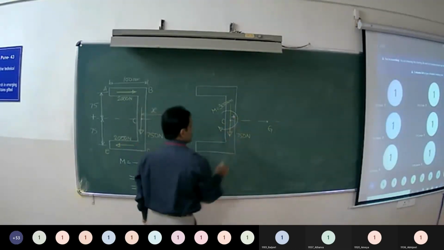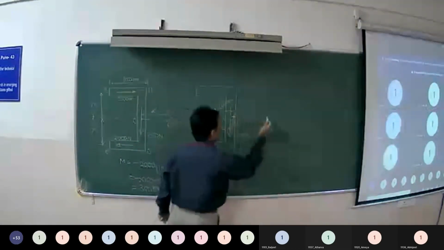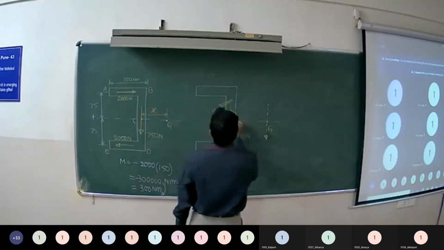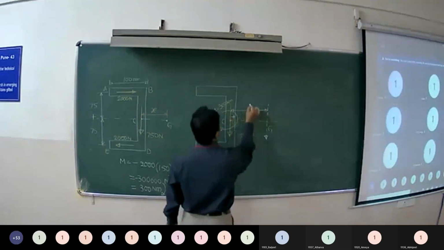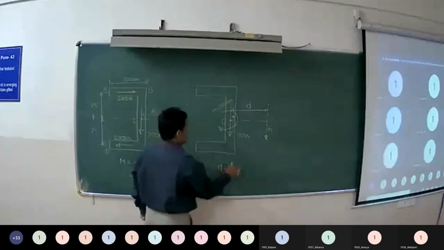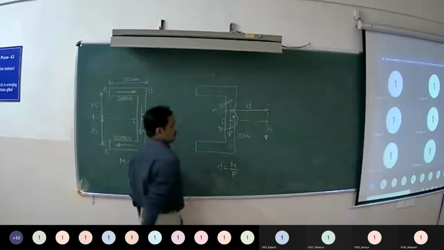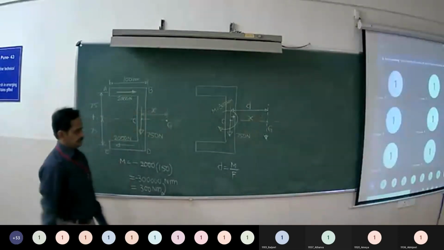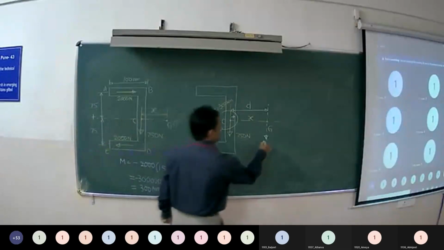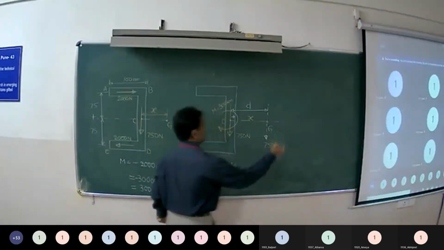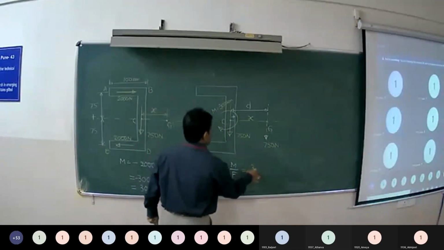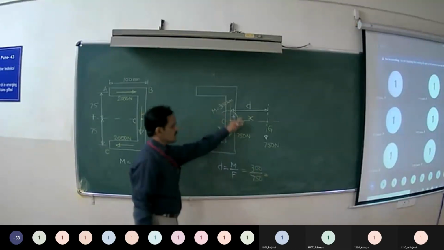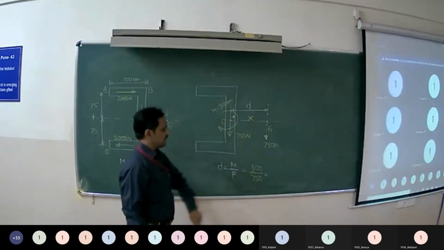When a force and couple are combined, the resultant will be a force which will be transferred parallelly by a perpendicular distance d given by moment upon force. But this perpendicular distance is nothing but x. Understood? So x is equal to couple upon force, 300 upon 750.